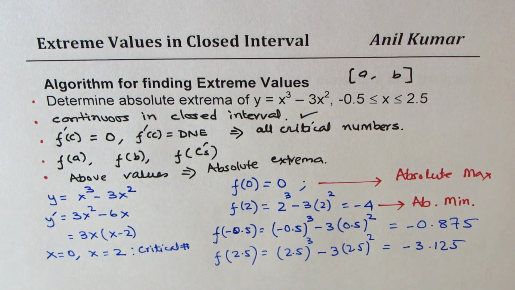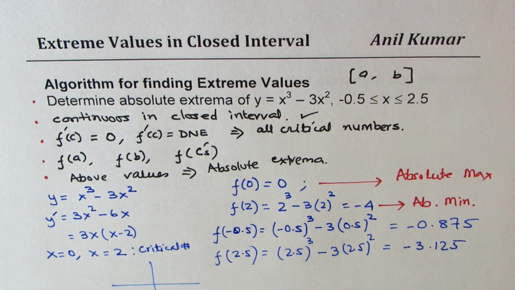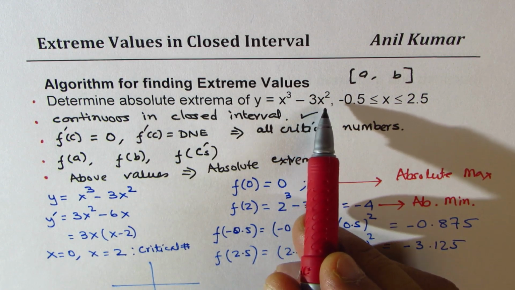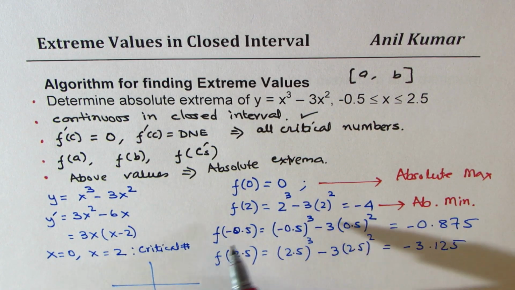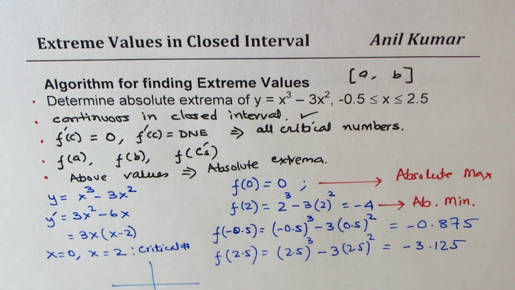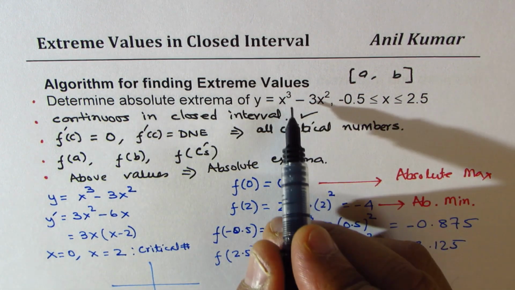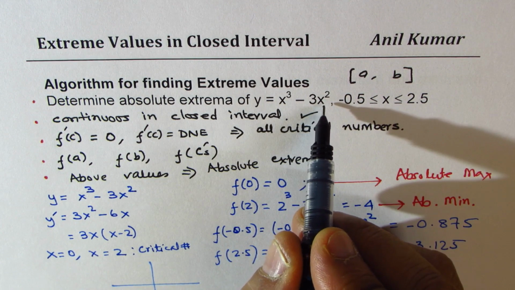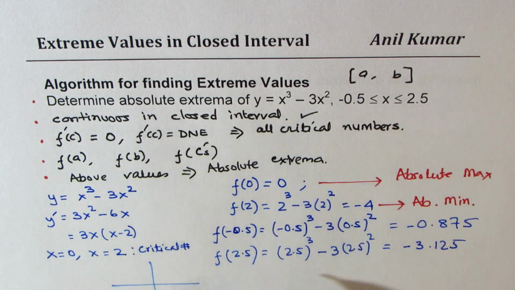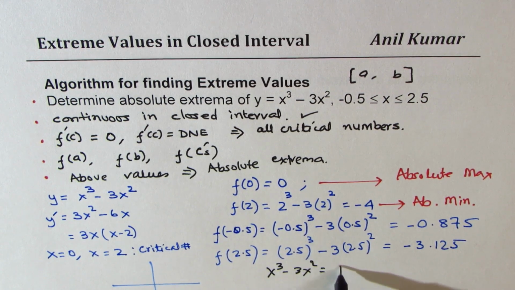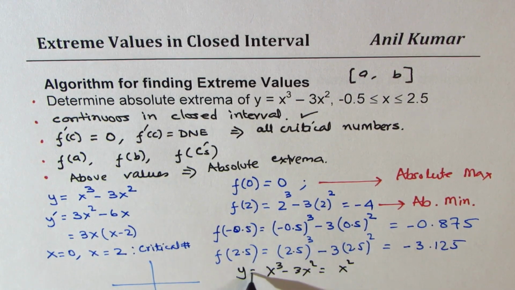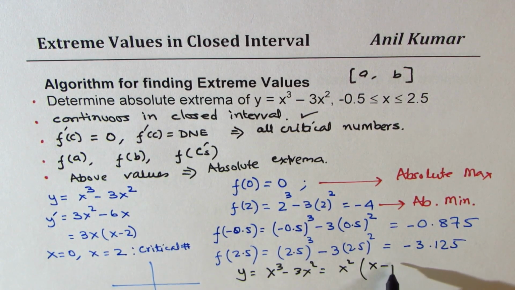If you sketch this graph, it may look kind of like this. We have a 0 here, and from these values we can say that the function is kind of, let's sketch it. So x square is common, so we could write x cube minus 3x square as x square times x minus 3, right?